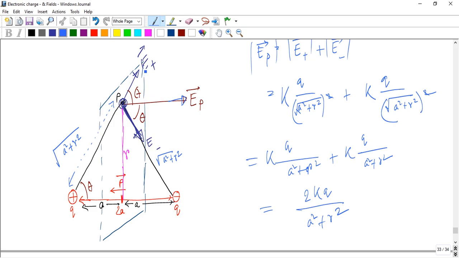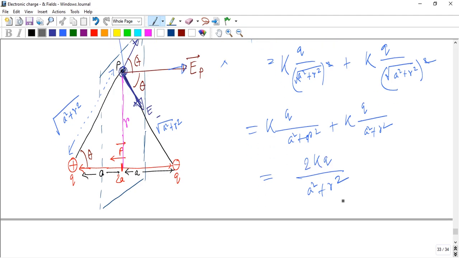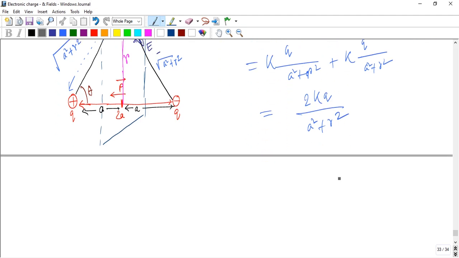So that is E plus and that is angle theta. We take the X component and the Y component, that is X and that is Y. The magnitude of EP is 2KQ by A square plus R square.